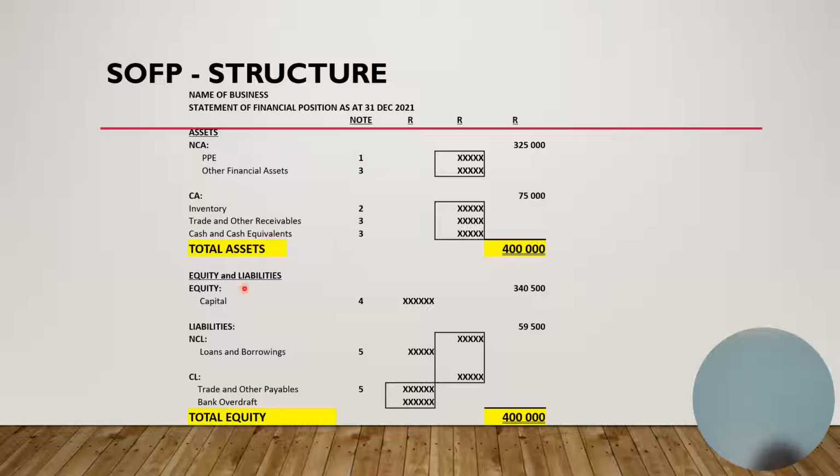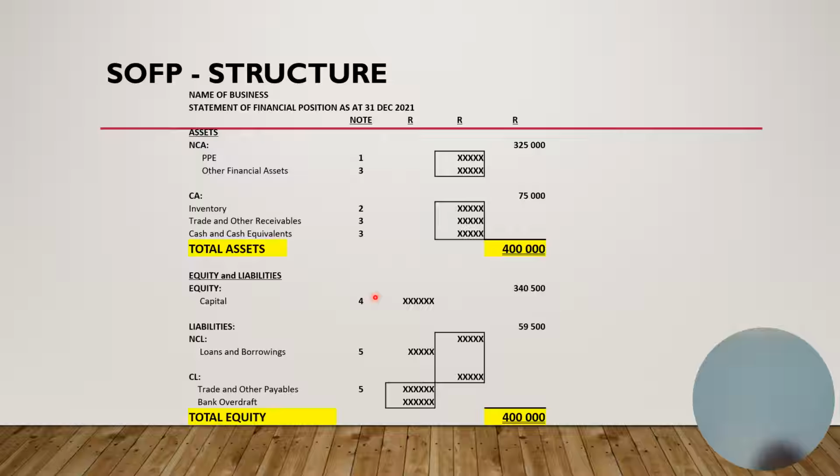We come to the other part of the accounting equation, which is equity plus liabilities. Let's start with equity. Our equity will be our capital. So this is the total of our capital, and then this is the note. If you want to know how we got this amount, you go to note number 4.